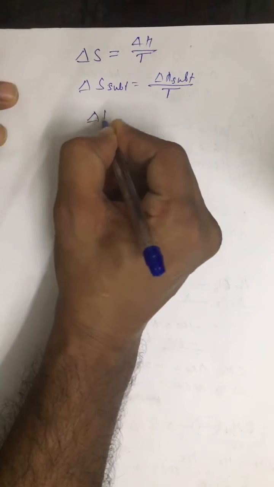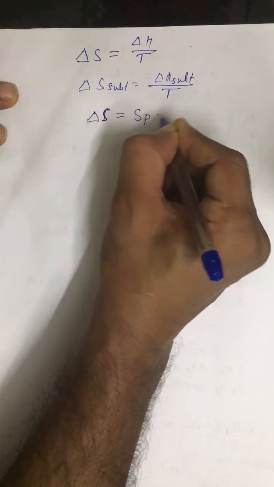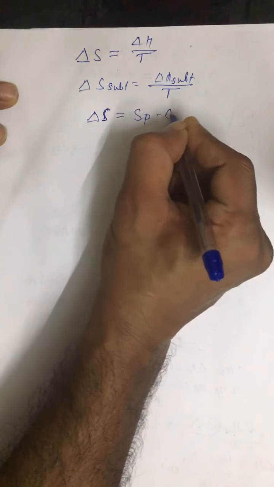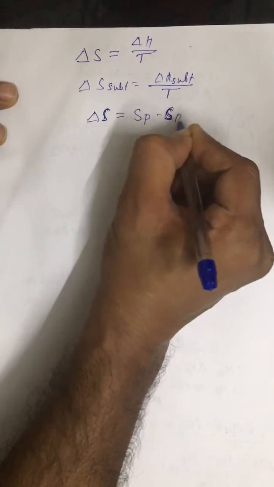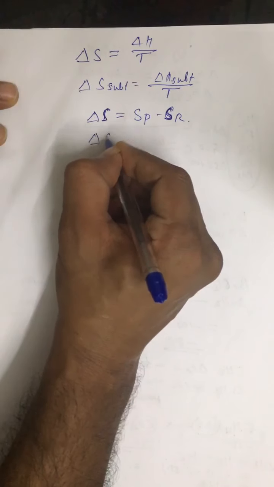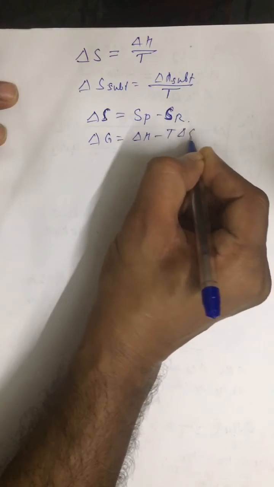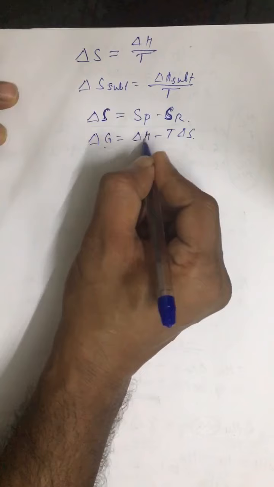Or ΔS of a reaction is given by entropy of product minus entropy of reactant. And then there are questions based on ΔG = ΔH − TΔS. So spontaneity of a process can be known by ΔG.